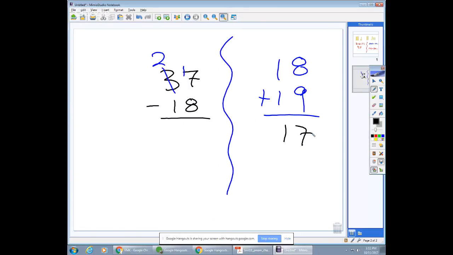Carry the 1? What do you mean carry the 1? Where should I carry it to? Up here? No. Not there? Above the ones. Above the ones? Like over here? Okay. Why did I put it there? Because it's a 10. Doesn't it belong down here because it's really part of the 17?